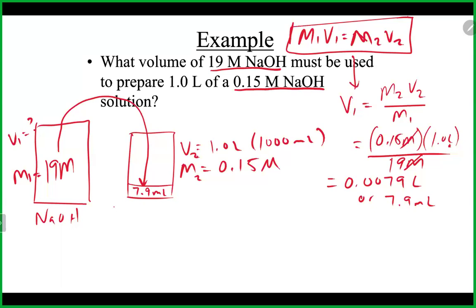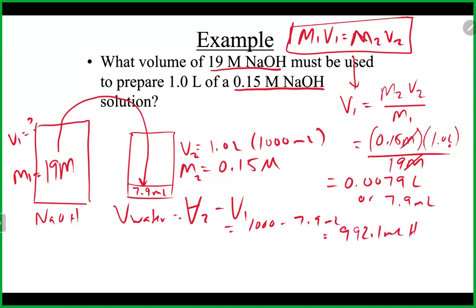And typically the volume of the water is V2 minus V1. And in this particular case, if we take 1,000 minus 7.9 milliliters, again, looking at it in terms of milliliters, we would need to put in there with our 7.9 milliliters about 992.1 milliliters of water with it.